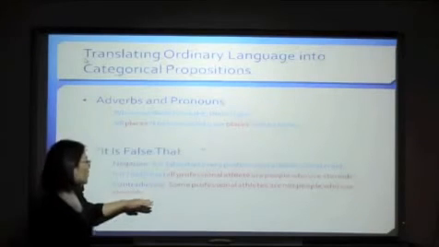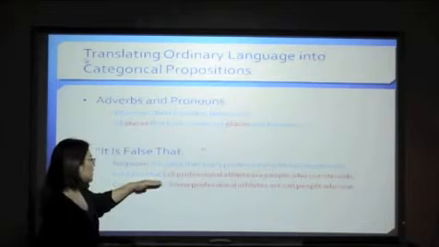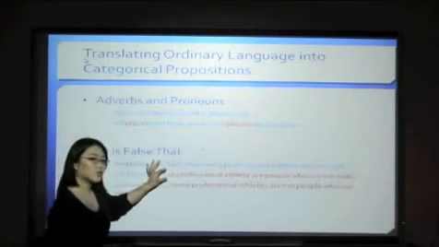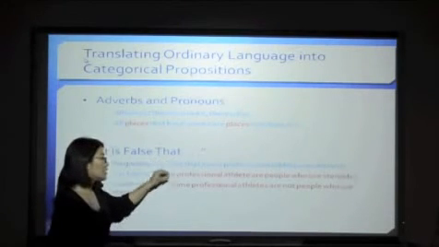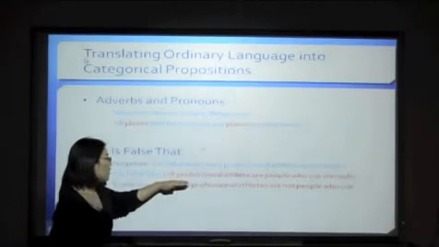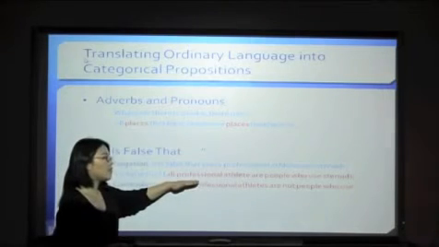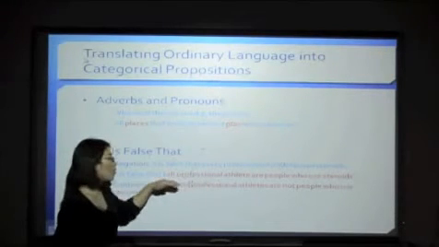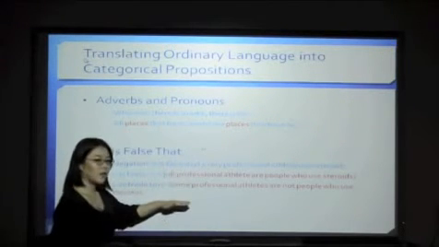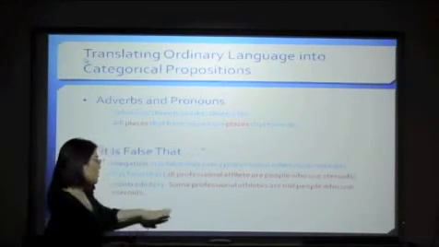So we've simply translated first the ordinary language statement into a statement where we keep the it is false that phrase and made sure that the internal statement, which the statement suggests is false, is in a standard form categorical structure. And then we translated this statement, it is false that all professional athletes are people who use steroids, into what is true according to this statement, and that's the contradictory using the modern square of opposition. Some professional athletes are not people who use steroids, okay?